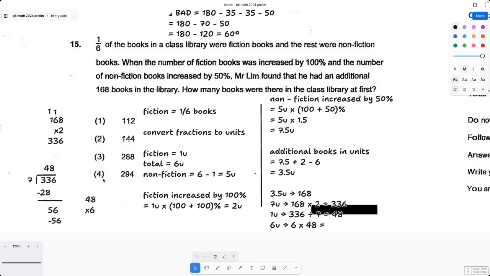So 6 times 8 will be 48. So we'll put 8 here, and then put 4 on the top. 4 times 6 is 24 plus 4 is 28. So the answer is 288. So that's the answer, 288. Here you go. That's the answer.